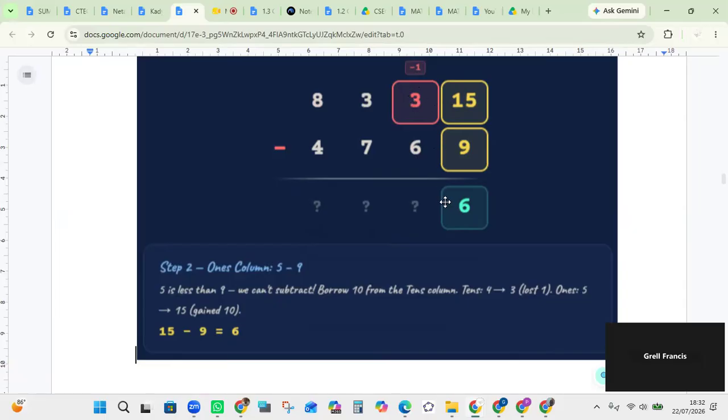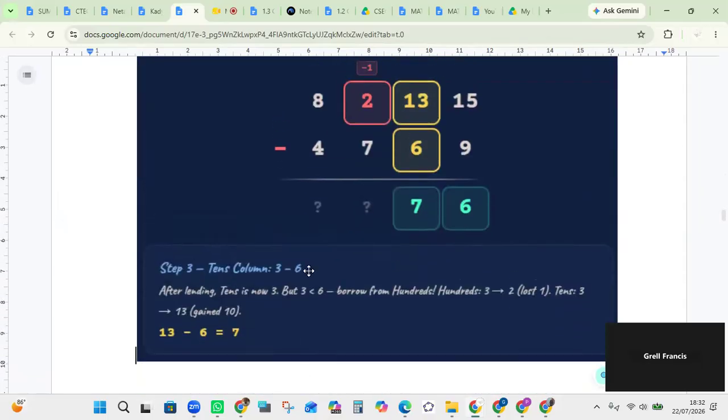15 subtract 9 will give us 6. So now we are going to step 3, where you have to subtract 6 from 3, but you can't. So you do the same thing: you take out 1, it will be 2 instead of 3, and that 1 makes 13, I mean 14.